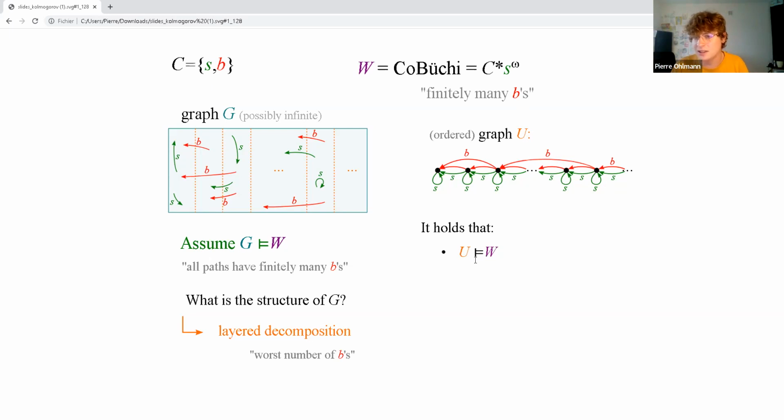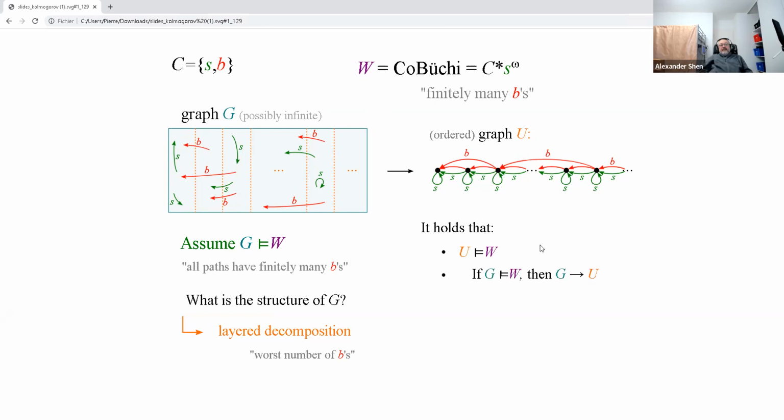Is it clear what this means, and is it clear that it's true? The claim is that any infinite path on this graph has only finitely many bad edges. This is what's written here, that the graph satisfies the objective.